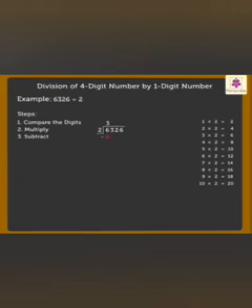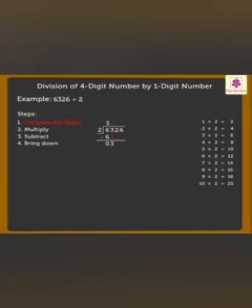Subtract 6 from 6. The remainder 0 is written in the thousands column. Now bring down the next digit, that is 3, and write it beside 0. What do we do next?